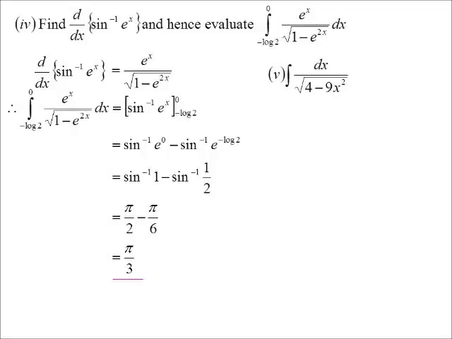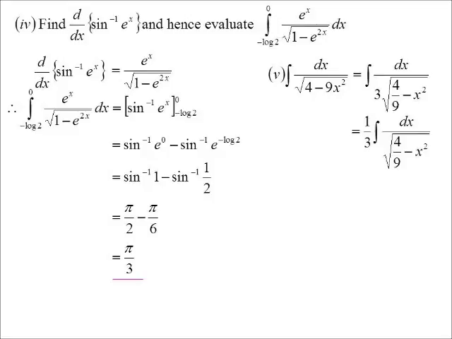Now, 9x squared. Our standard integral is a squared minus x squared, not a squared minus 9x squared. So how to deal with something like this? Well, I could factorise the thing causing me the problem. So if I factorise the 9 out, and now I've got minus x squared, but the a squared becomes 4/9. The 3, I can bring out the front of the integral because we're allowed to factorise constants.